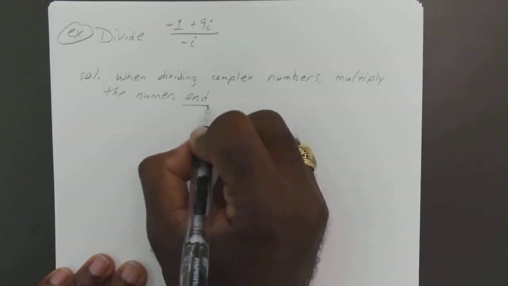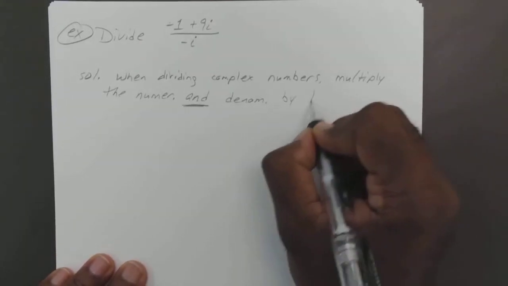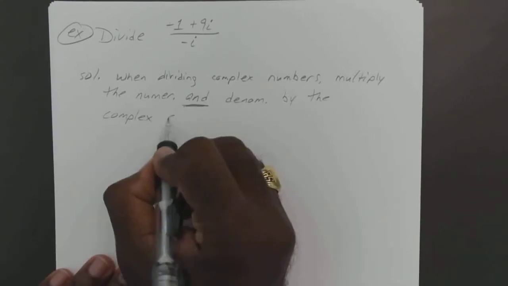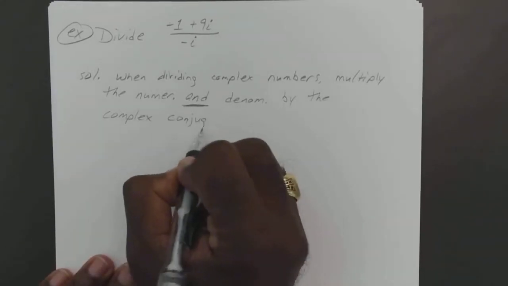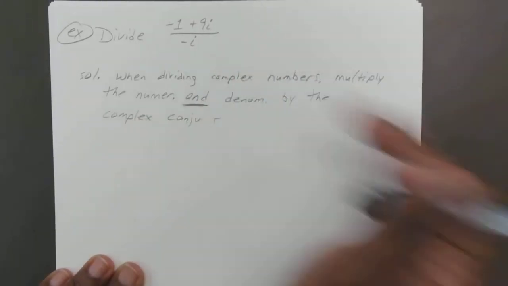Numerator and denominator. The complex conjugate of the denominator. So we'll clean that up a little bit.